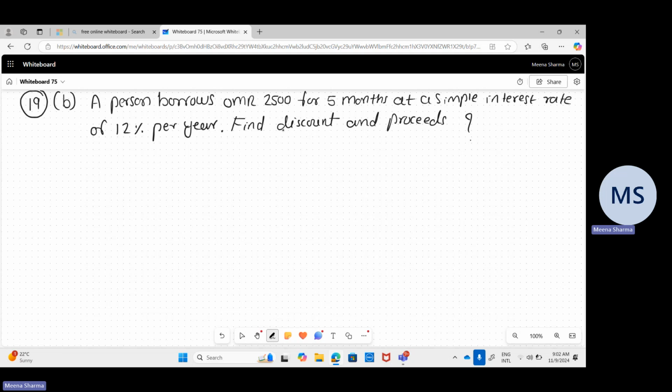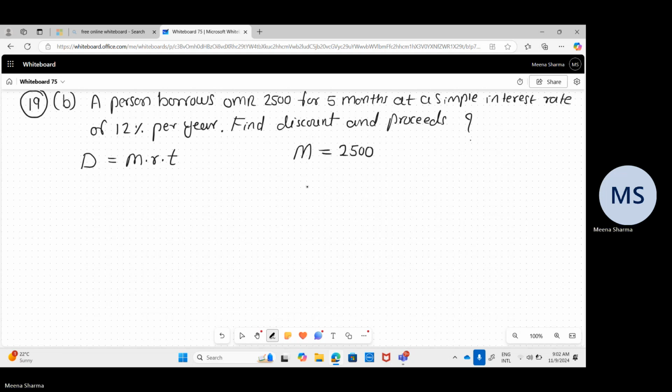In this question, we will recognize the quantities first, then use the formula, and then calculate. Then we find discount and proceed. Here, we know that discount D equal to M multiplied by R multiplied by T. M is the borrowed amount, 2,500, which the person borrowed.